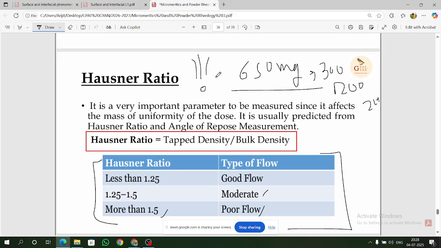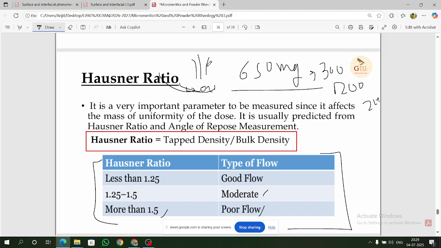If the flow is very poor or moderate, then within a very few fractions of a second, as in the tablet punching machine, instead of 300 mg only 250 mg may fill, and the die moves away from the hopper side.